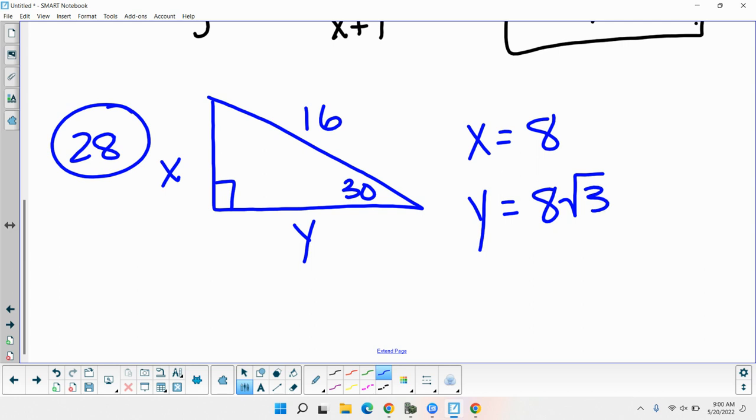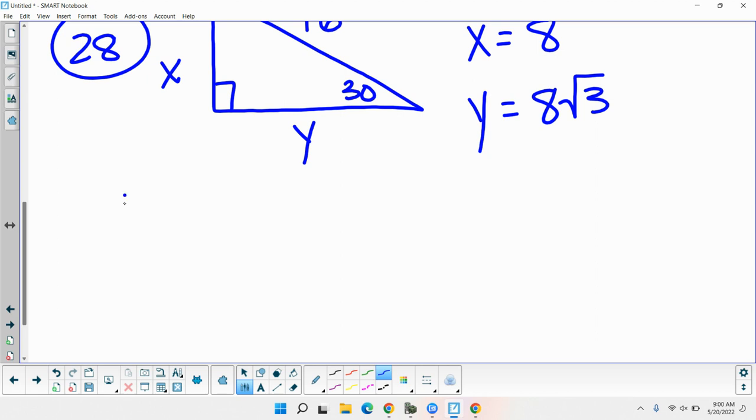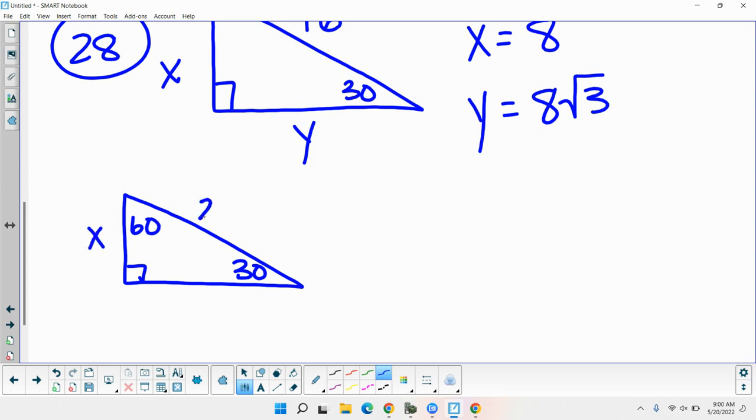If you need to draw that special triangle on your note card, go ahead. So this was x, this was 2x, and this was x radical 3, right? Maybe on the exam it's the 45 instead.